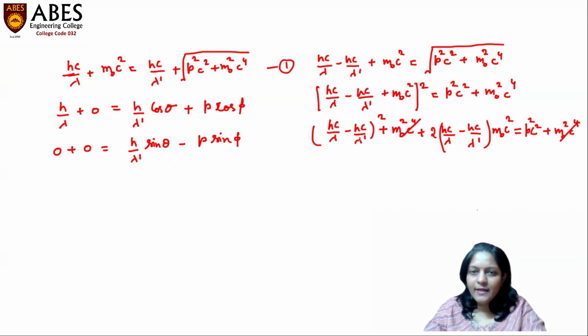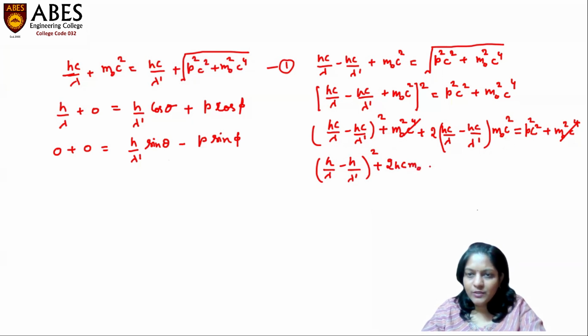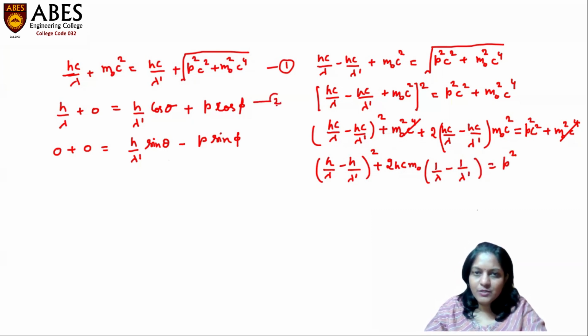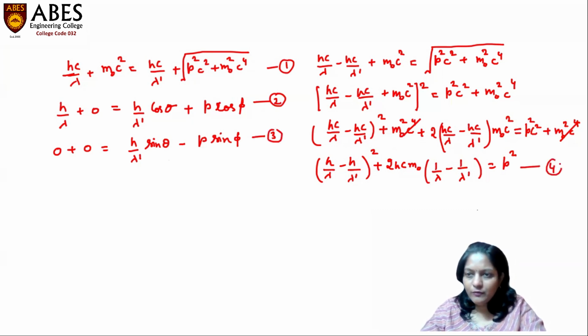Dividing the whole left-hand side by c², we get (h/λ − h/λ')² + 2hc m₀ (1/λ − 1/λ') = p², because the c² cancels out and I am taking hc common. Call this equation number 2, this equation number 3, and after solving equation number 1, this is equation number 4.